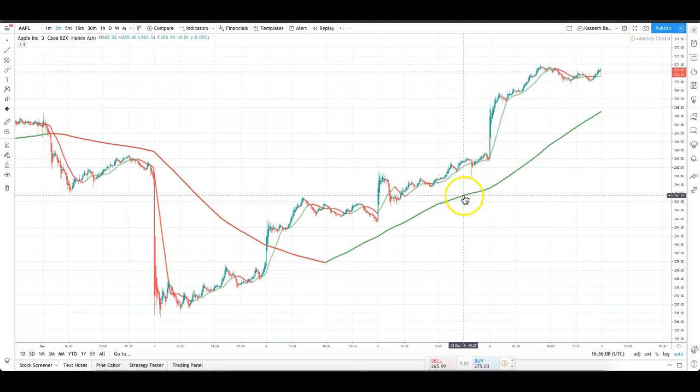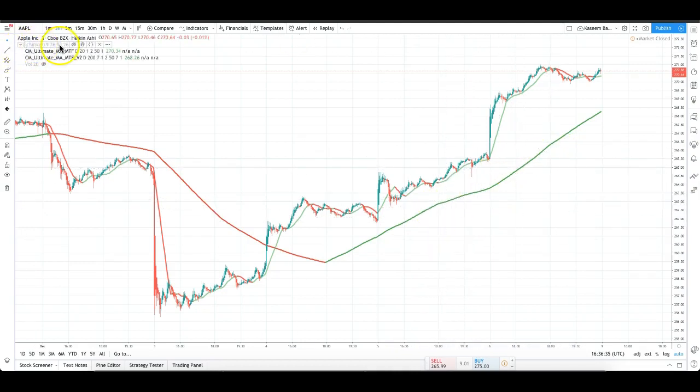Because once this holds up and this holds up, the 200 day and the 20 day, once those hold up, this is great for you to use. This CM ultimate moving average keeps you in the trade for longer.